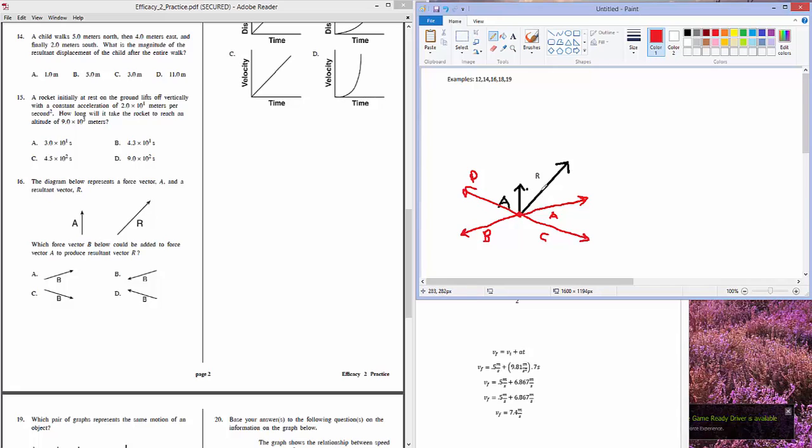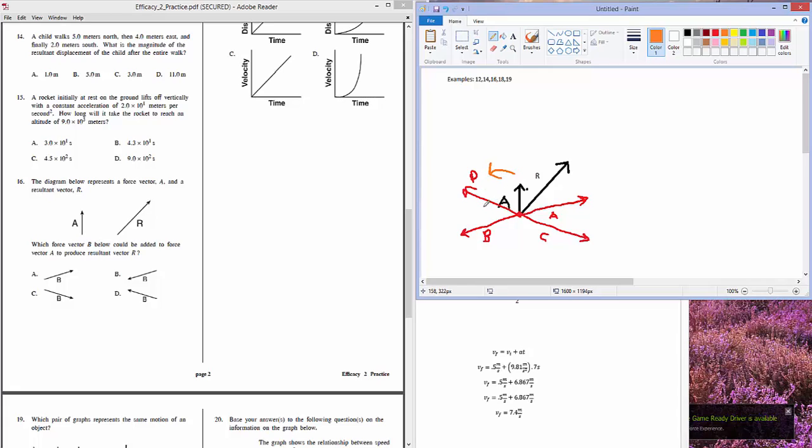Now it's actually a tricky thing, and another hard part about this is that I've not drawn it exactly to scale. So I'm going to have to explain it freehand. If we look at this vector, it would take A and bend it in this direction.